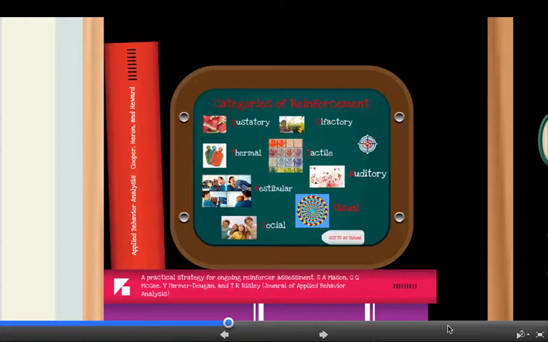Now, the implication of this information is that you should have regular discussions with individuals that you're working with and working for about what the potential reinforcers are for a person, and talk to your board-certified behavior analyst about what may be functioning from these various categories as reinforcers for a person. Now, in order to identify specifically what may be working as a preference or what may be functioning as a reinforcer for a person, we do conduct actual assessments.